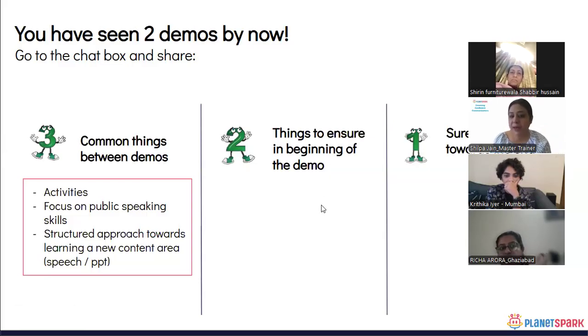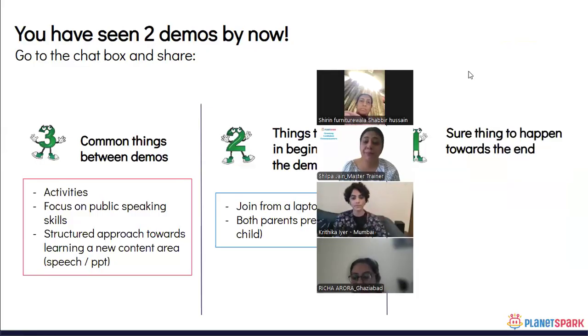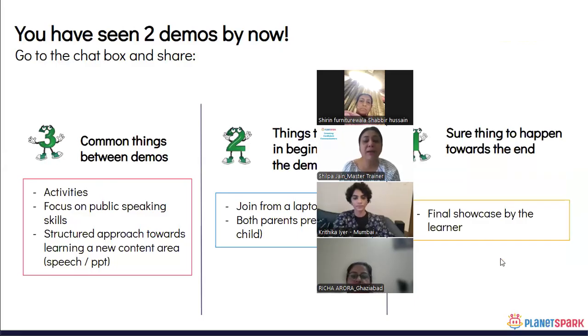Things to ensure in the beginning of the demo: join with a laptop and both the parents have to be there. Sure things towards the end: final showcase by the learner, and ask for the 3 key takeaways. It is not mentioned here, but that is also something that you have to do. If you want, you can take a screenshot of this slide also, teachers.